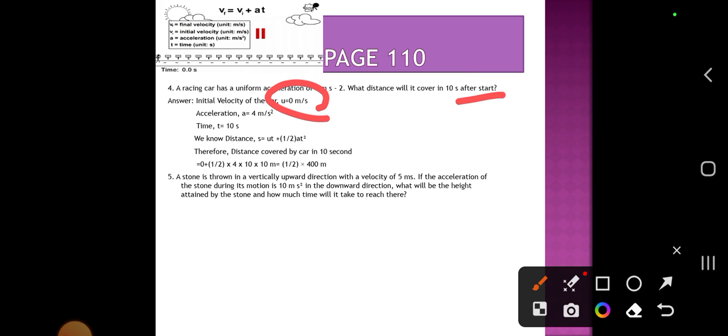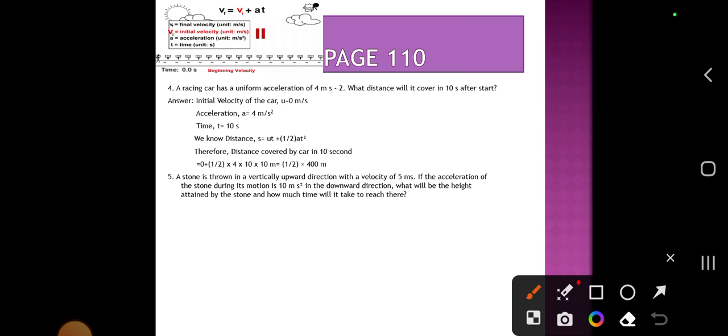Acceleration is given to us, that is 4 meter per second square. Time t we have is 10 seconds. So we know the distance equation, that is ut plus 1 half at square. Therefore the distance covered by the car in 10 seconds, we will get 400 meter.